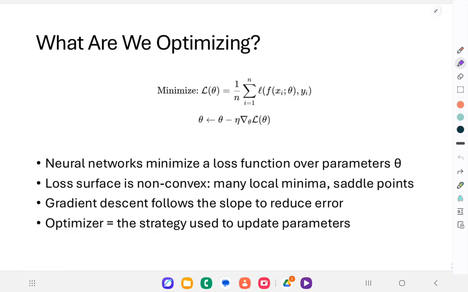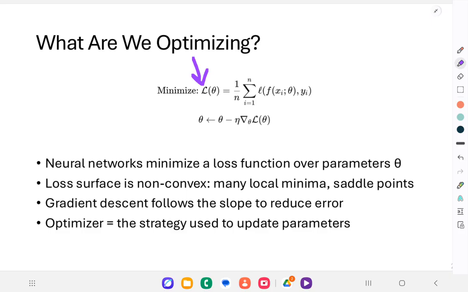This is the mathematical core of training a neural network as we've seen it before. We are minimizing a loss function, as we said, and that's usually the L right here, where the theta represents all the trainable parameters, the weights and the bias, as we've discovered in previous lectures.